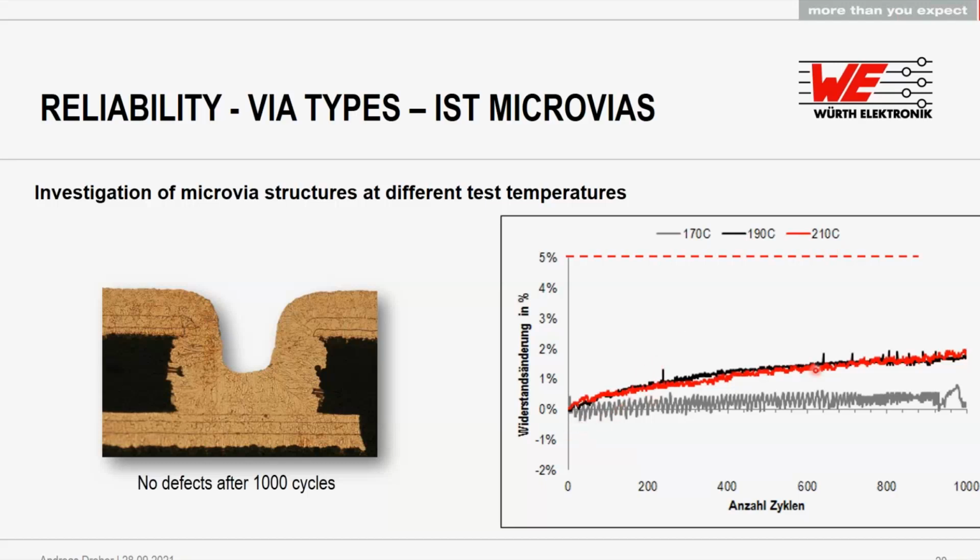And still after 1,000 cycles, you can see the temperature change is a little bit increasing, but we didn't find a failure, which is defined by 5% resistance change. So also here we see a big improvement in the reliability by using a microvia stack up.